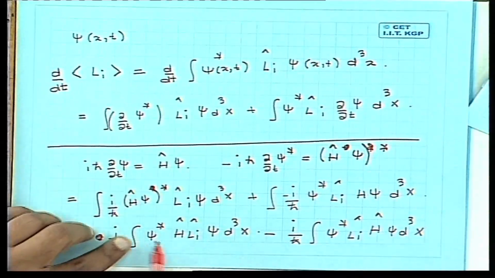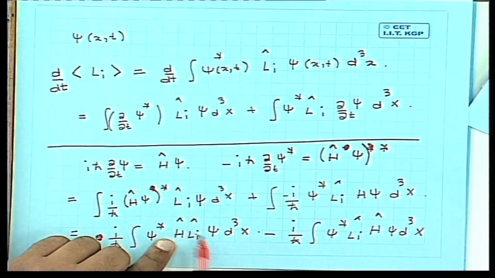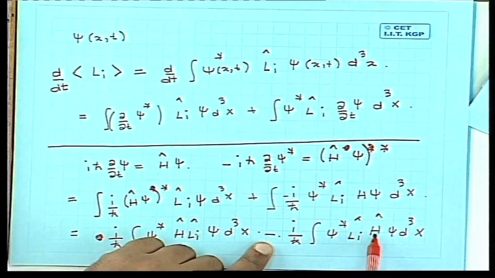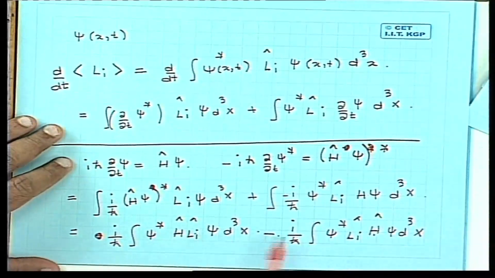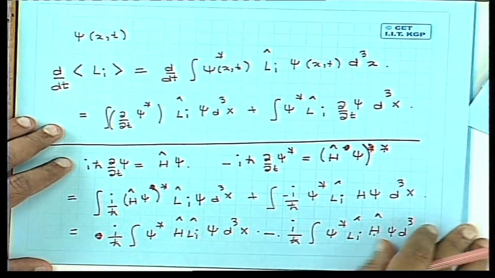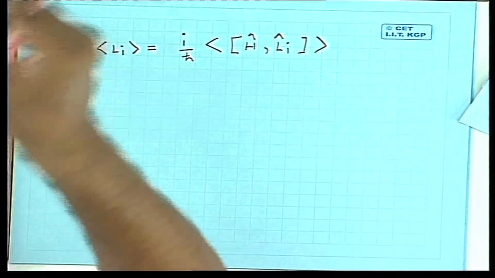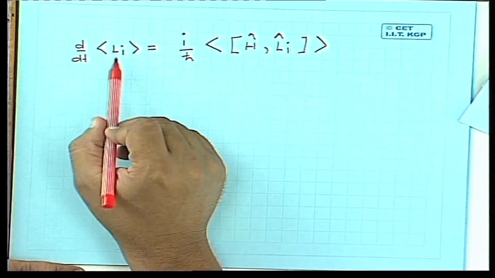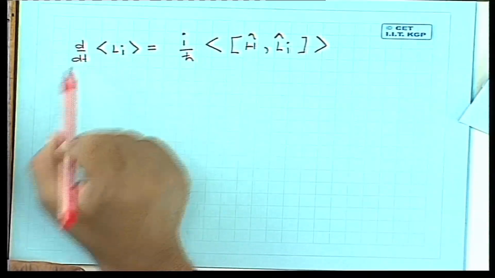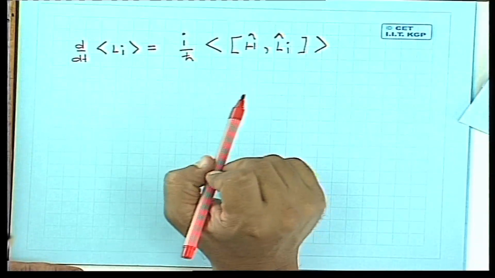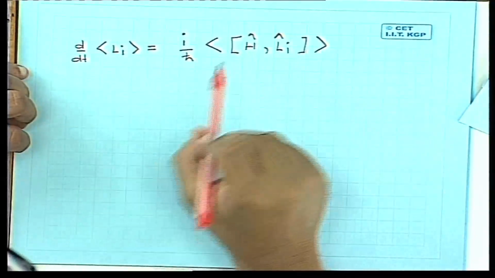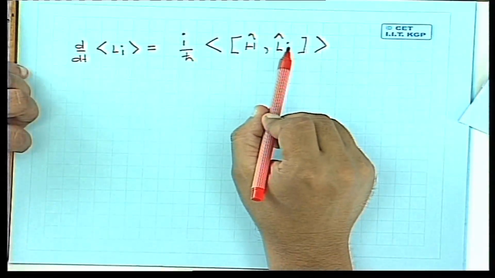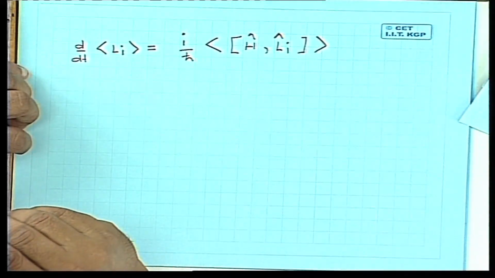This is nothing but the commutator, because I have HL minus LH. So we find that the rate of change of the expectation value of Li is equal to i by h cross into the expectation value of the commutator of the Hamiltonian with the angular momentum.